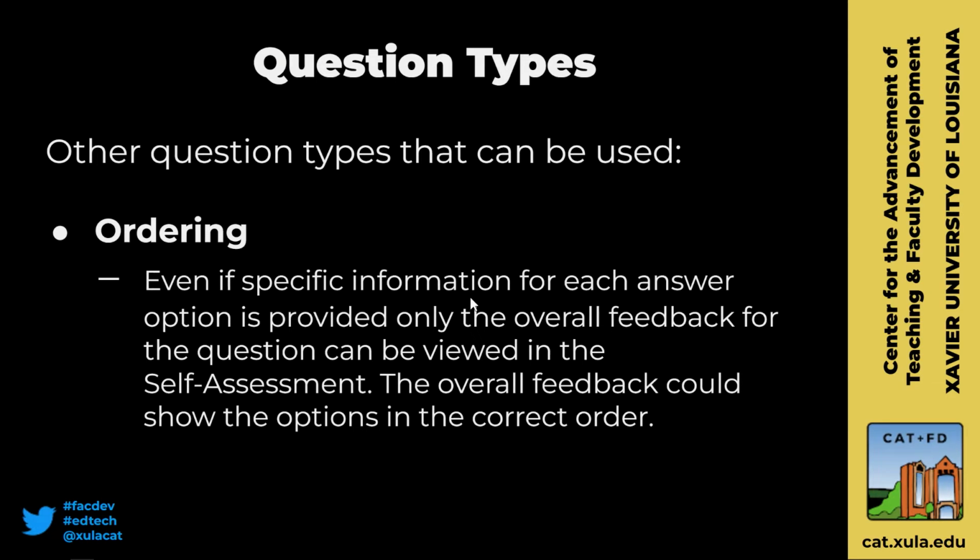Same with ordering. You can use ordering, and with this, the specific information for the answer option is only going to be shown for the overall feedback, right? And so what you could do in your overall feedback is just show the options in the correct order.